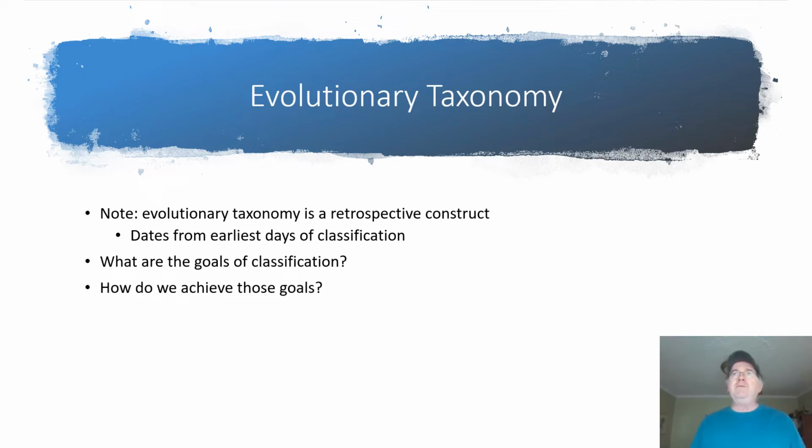And we want to be able to retrieve information from a classification to know that, for example, all tetrapods, at least ancestrally, had 4 legs. We want to be able to predict the characteristics of unknown organisms. If we can place them in the classification, then we can figure out certain things about them. I don't have to look at every bird and study its biology in detail to come to the reasonable conclusion that the bird is going to lay eggs as a mode of reproduction. So that's what I mean by predictive aspects of a classification.